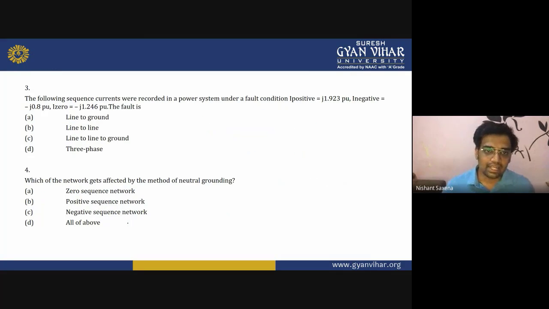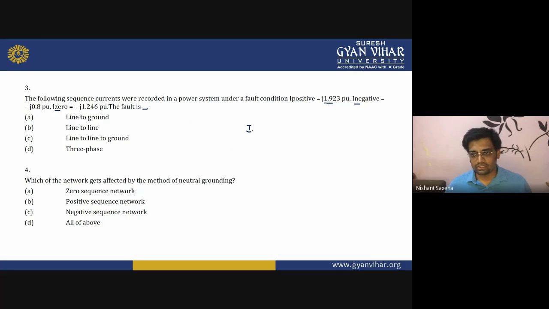Next question says that the following sequence currents were recorded in the power system under a faulted condition, where I positive, I negative and I zero are given. You have been asked what type of fault this is. Look at this very closely.